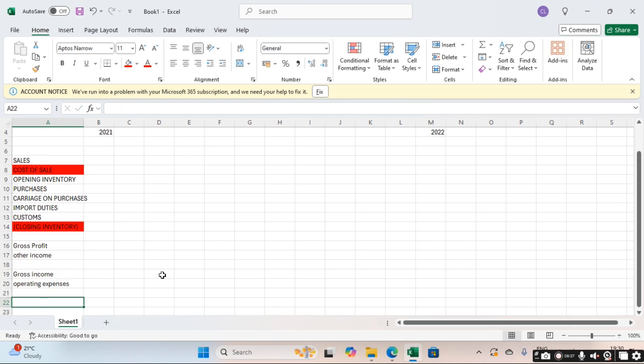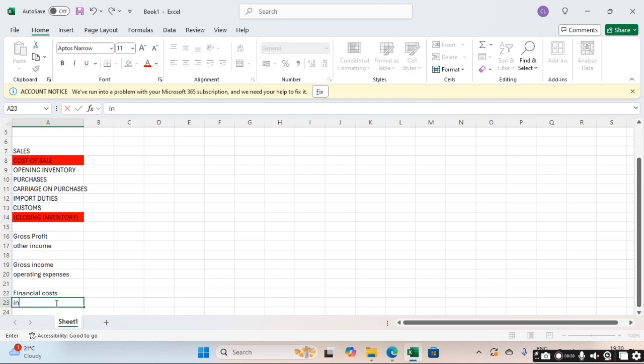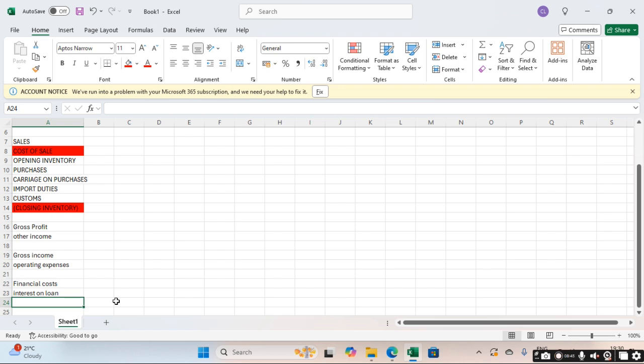Okay, so the structure more or less looks like this, and then you have your other incomes, your other operating expenses, then you have your financial cost, which is your interest on loan. That's your financial costs. Okay, so this is the complete structure.